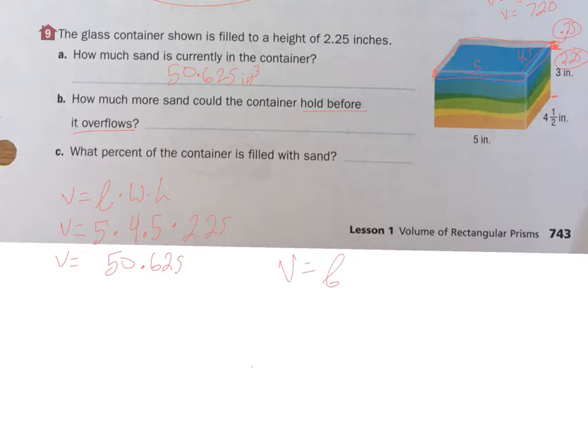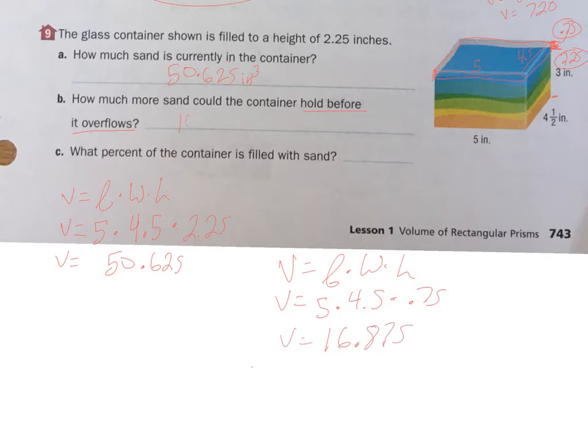Volume equals length times width times height. Volume equals a length of 5 times a width of 4.5 times a height of 0.75. Now, let's do that. 5 times 4.5 times 0.75 equals 16.875.